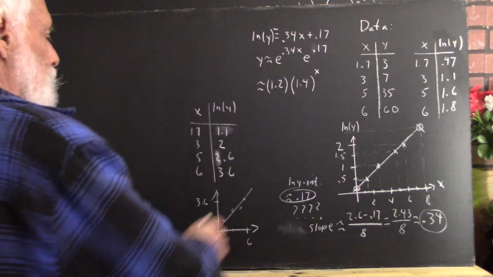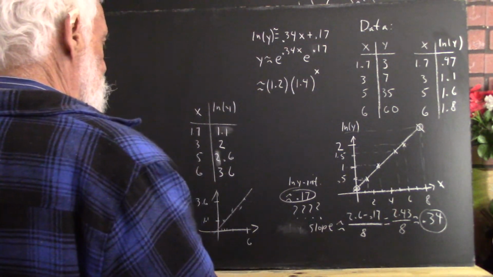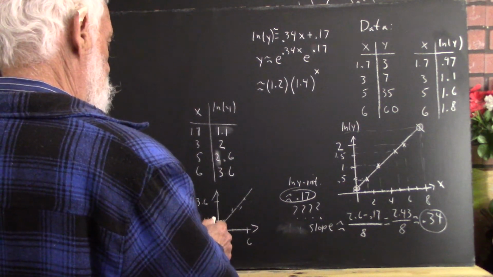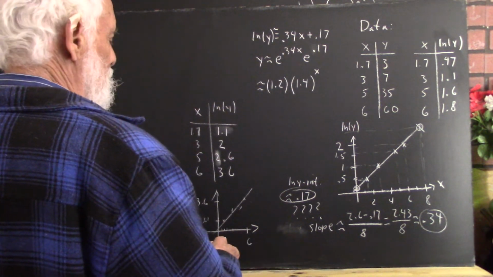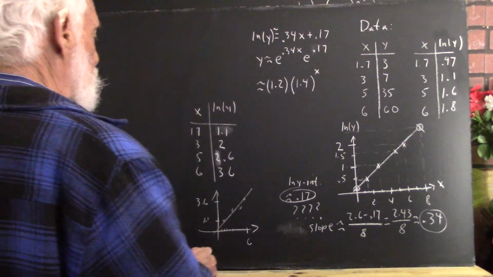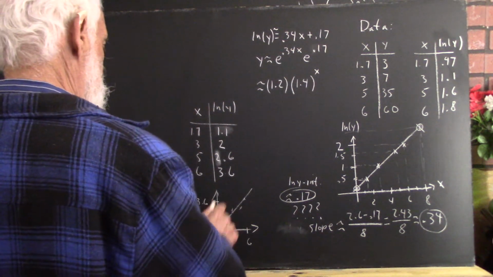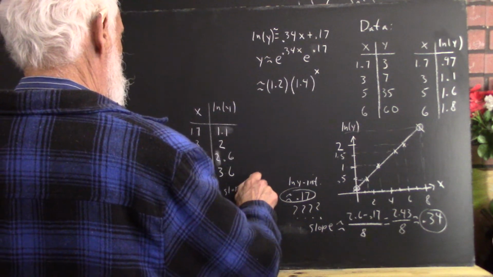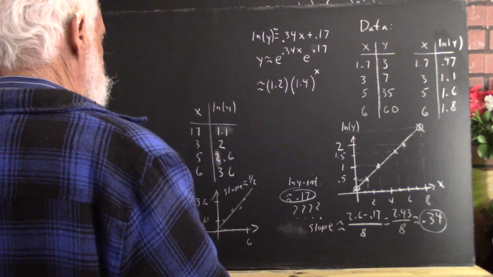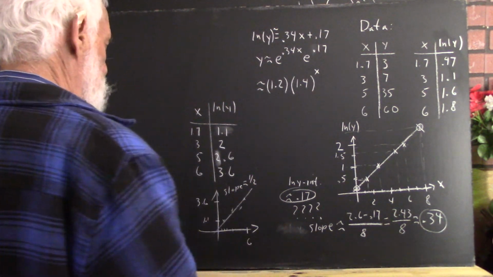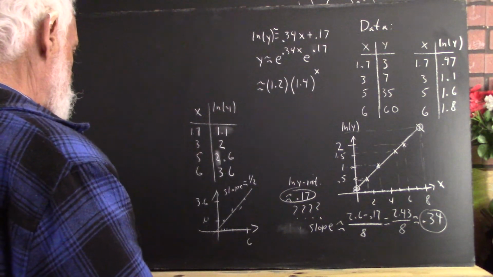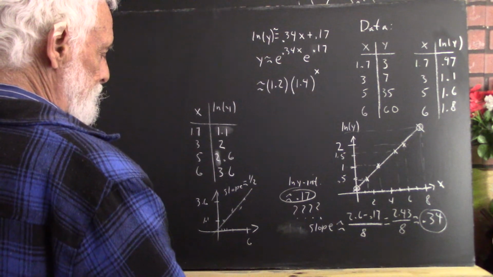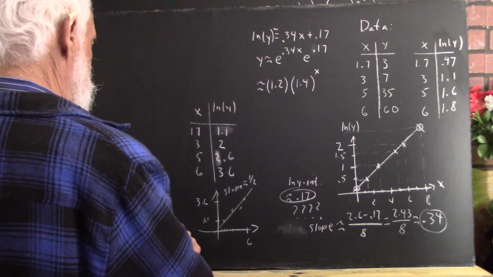Okay? So that's what you do, but I'm just going with this, and I'm saying the slope ought to be then about 2.5 over 5. So slope is about 1/2. And the y-intercept is about 0.3.